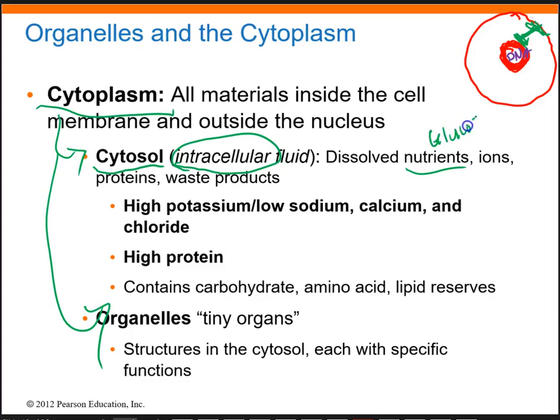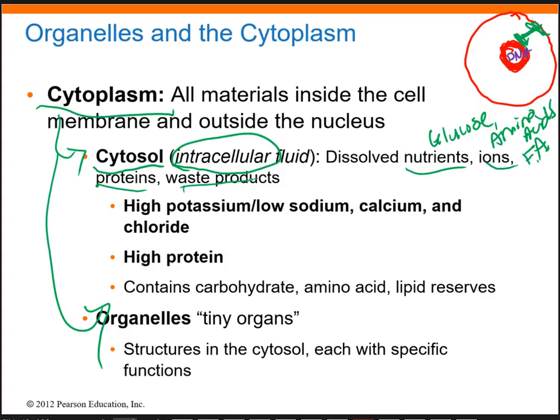Like glucose and amino acids, right? Some fatty acids as well. It has ions present, like potassium, for example. It has some proteins and then some waste products that need to leave the cell. So it's not just plain water, right? It's thicker than that. There's some stuff dissolved in the water.